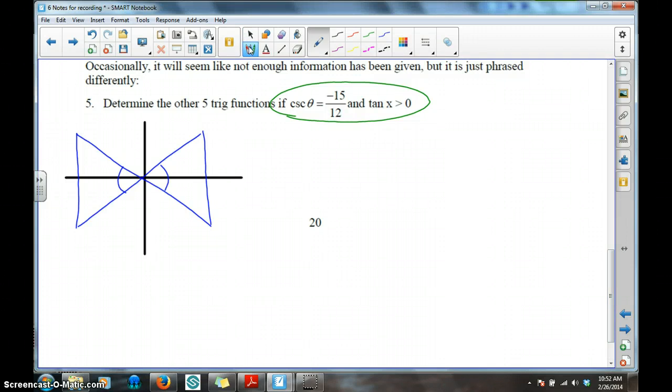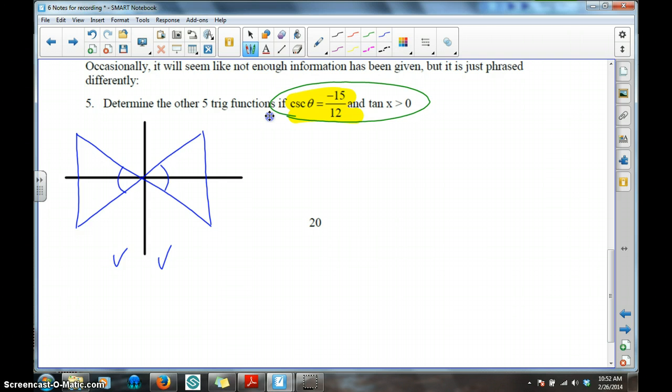The secret code piece of information is right here. They didn't tell me that the cosecant was less than 0. They told me what the cosecant was, and it happens to be negative. So in which 2 quadrants would cosecant be negative? 3 and 4. So this picture that I'm about to draw might be in one of those 2 quadrants.